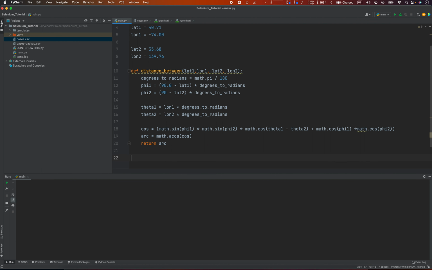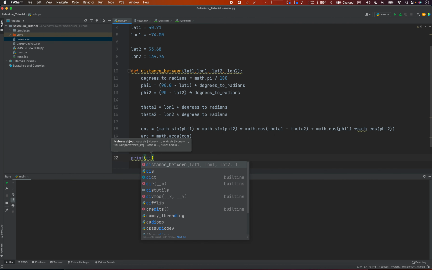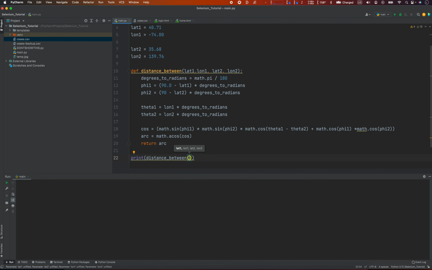Okay, so now what we're going to want to do is print distance_between lat1, lon1, lat2, lon2.